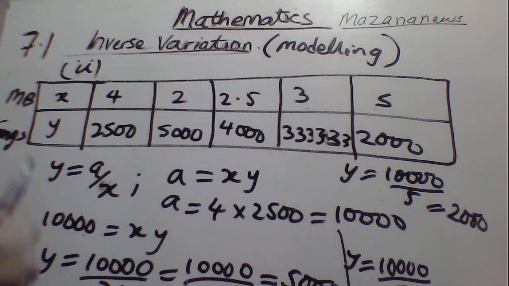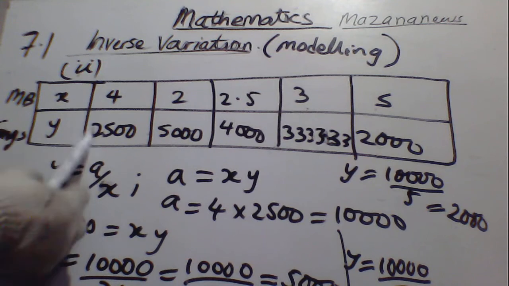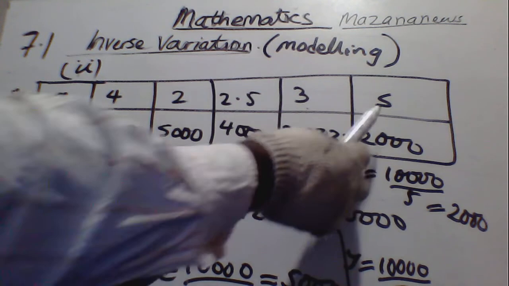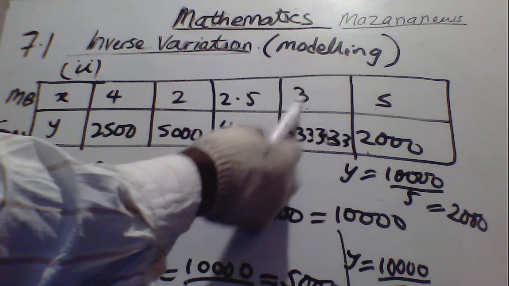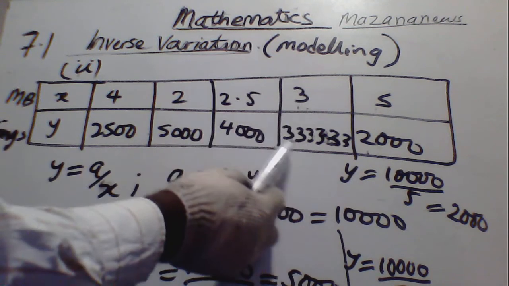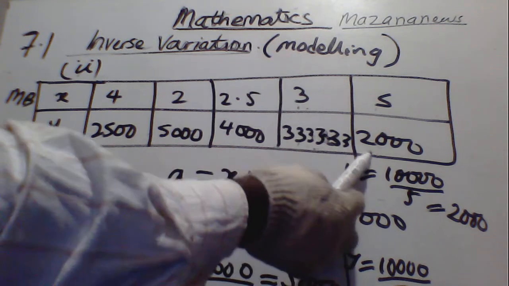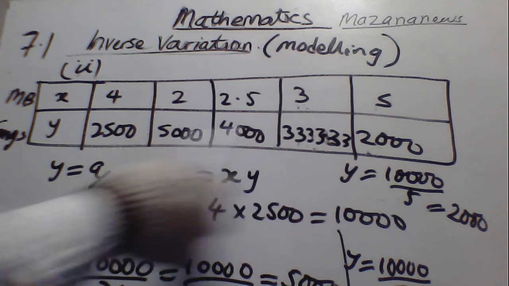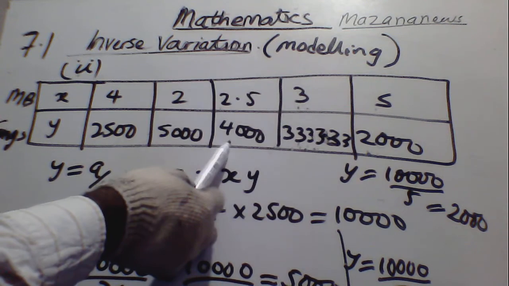So what happened to the number of songs when the average size of the song is decreasing? At first, we have 4 megabytes, it was 2,500. When we have 5 megabytes, we have 2,000. When we have 3 megabytes, we have 3,333. When we have 2.5, it is 4,000.